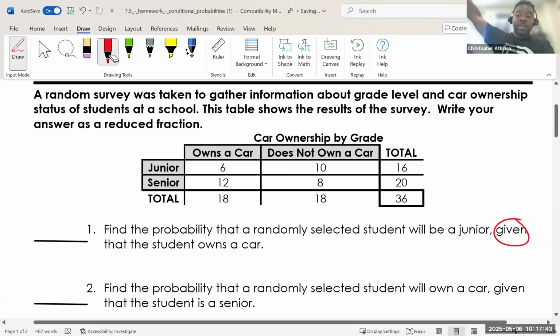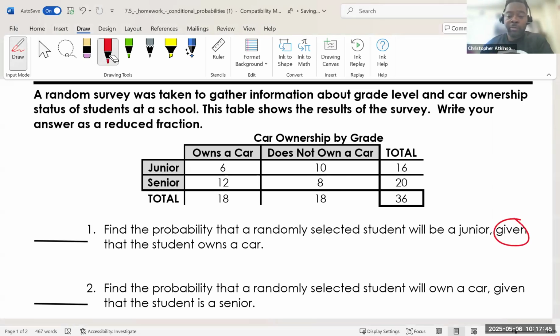That given lets us know that we are doing a conditional probability. So in order to do this properly, we're going to look at the second portion, students who own a car. That is going to be the column and/or possibly row that we're going to focus on. So right now we're going to focus on the column of those who own a car.